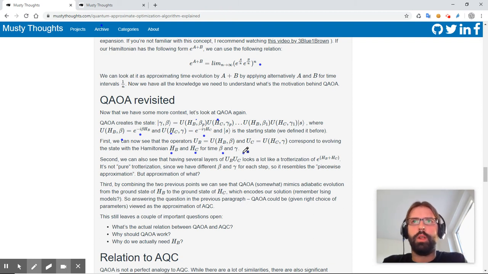Several layers looks like a lot of Trotterization. So those are gates that simulate the evolution of the system. Okay, I get it. So you simulate the evolution of the system.